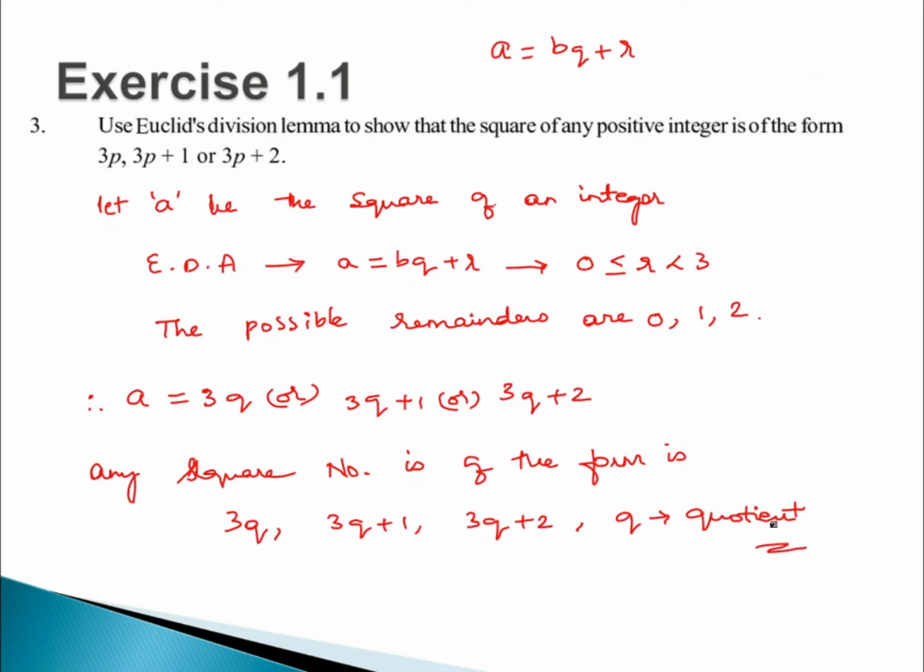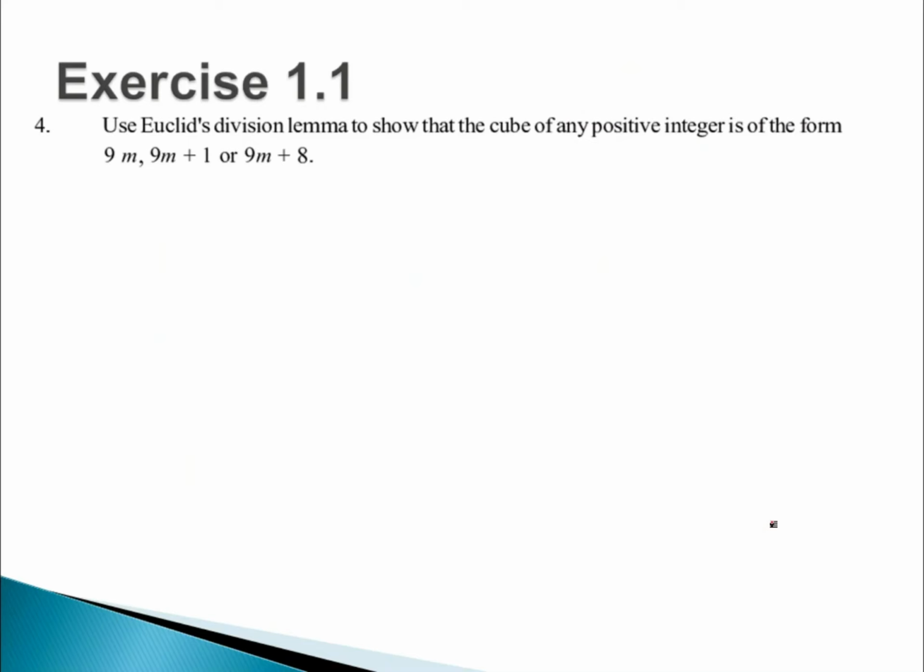So let's look at the next one. Using Euclid's division algorithm, again you need to show this. Here you have cube numbers. So using Euclid's division algorithm, let A be a positive integer.